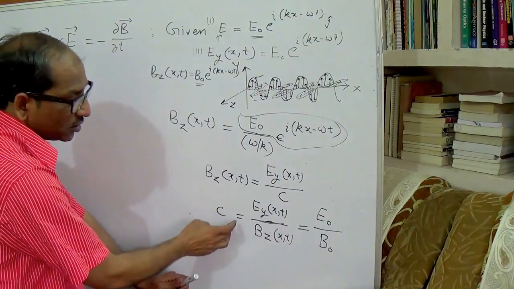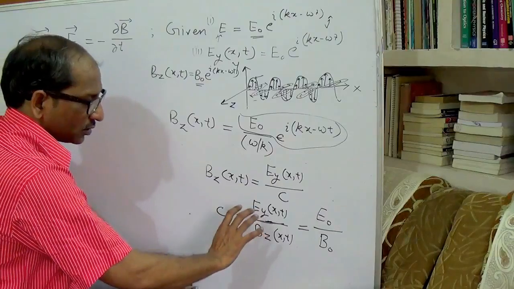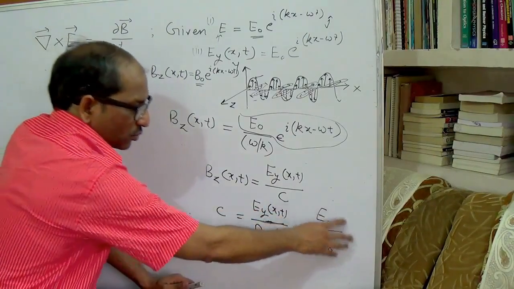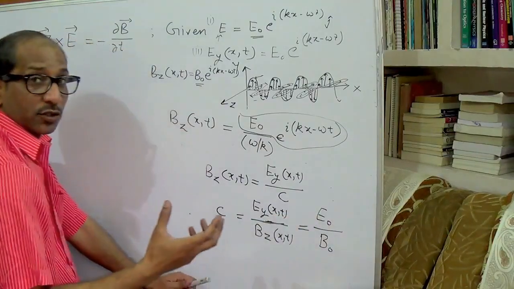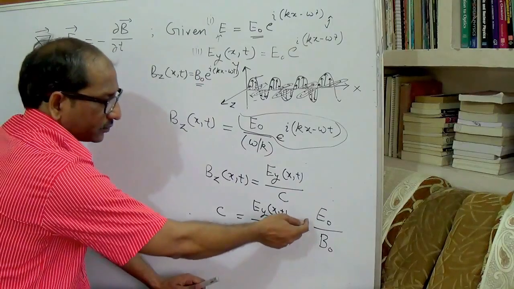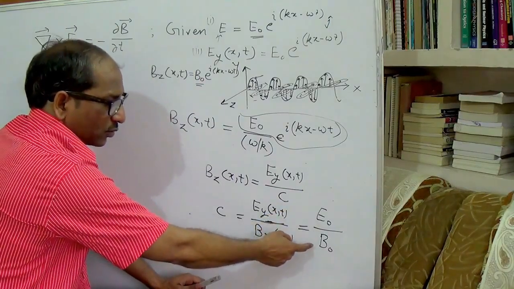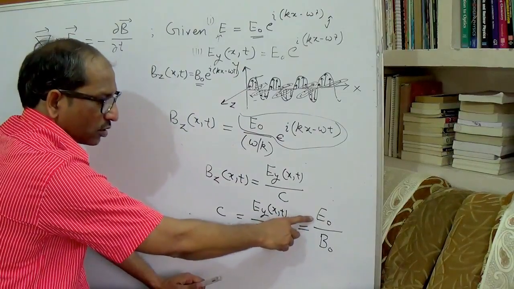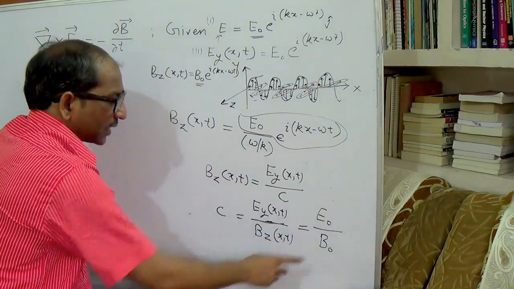So c is equal to, in terms of the amplitudes of these two different waves, the electric and the magnetic field wave. So this is the ratio of the amplitude of the electric field wave and the magnetic field wave.